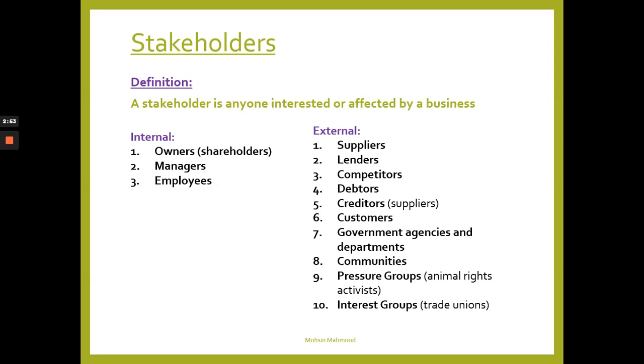We've got government agencies and departments. So we've got local, national and international government agencies and departments. So for example, a local government agency or department could be Waltham Forest Council. Okay, they're quite local. You've got national, which could be the Department for Education, who oversees schools and colleges, or the Department for Transport, who oversees the different transport in the country, your taxi services, your train services and the bus services.